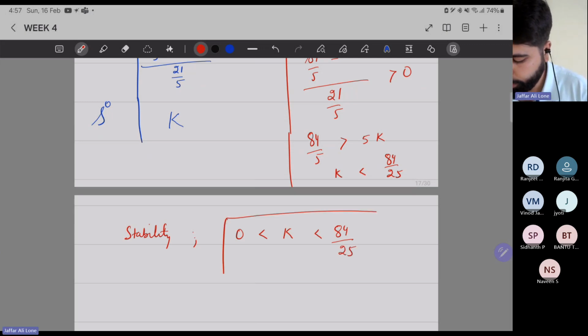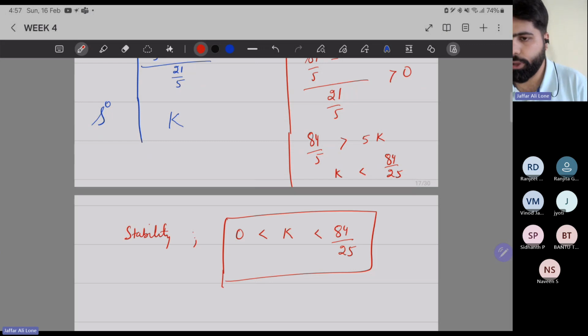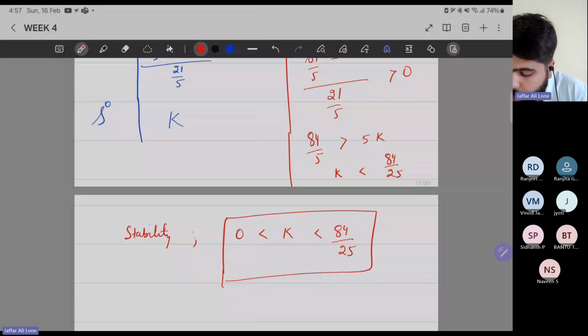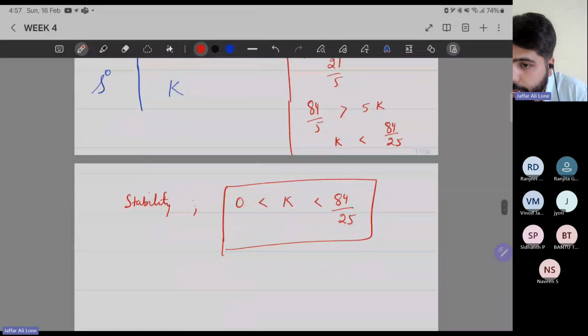I told you to find this condition. Now the question says determine the condition of sustained oscillation. When they say sustained oscillation, it means my system is becoming marginally stable. When K is less than 84/25, the system is stable.